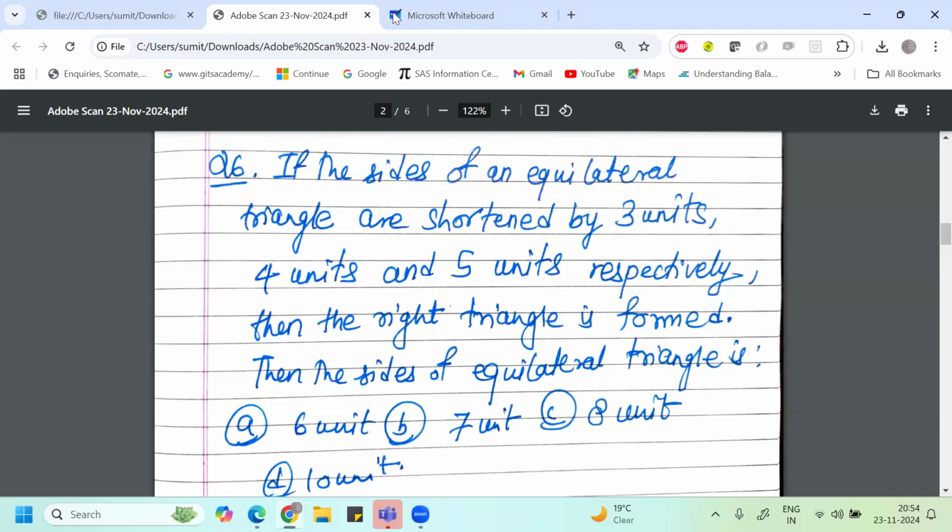And what is a right angle triangle? Where one angle is 90 degrees. And they follow Pythagoras theorem. Hypotenuse square is equal to base square plus height square. Try this question.